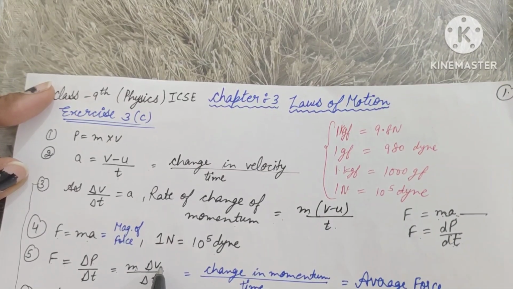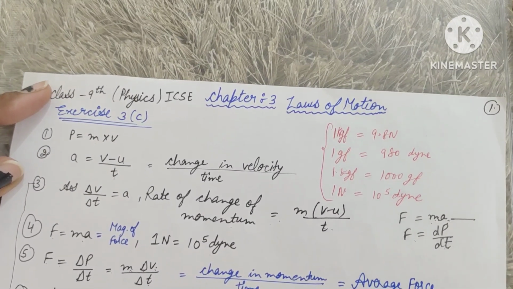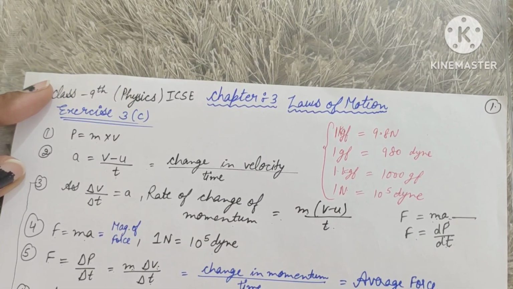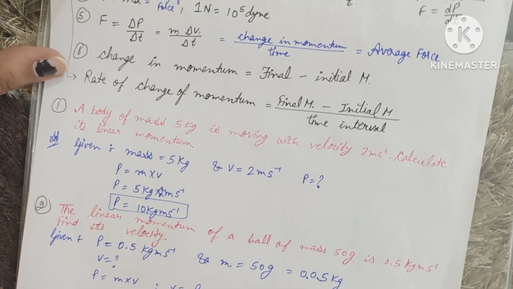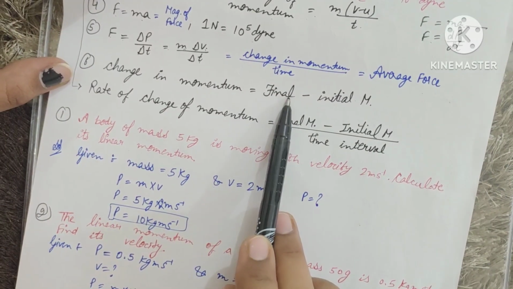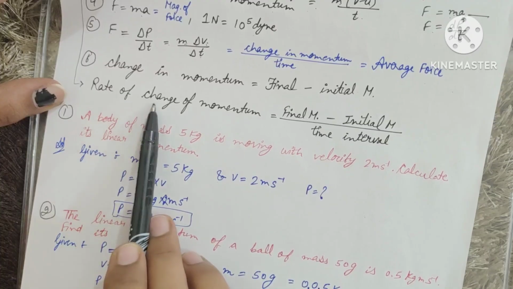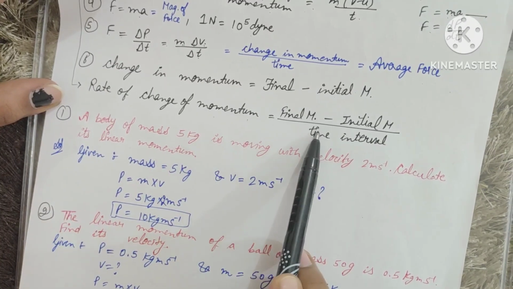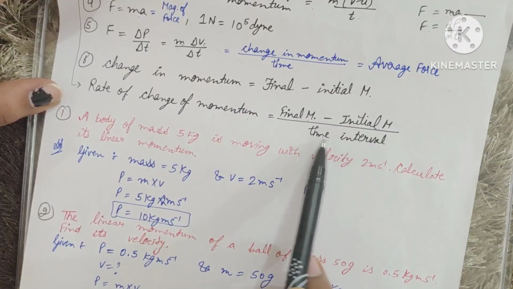It is the change in the momentum per time, and this is giving us the average force also. Now what is the change in momentum? It is the final momentum minus initial momentum. What is the rate of change of momentum? Rate means with respect to time: the change in momentum with respect to time.